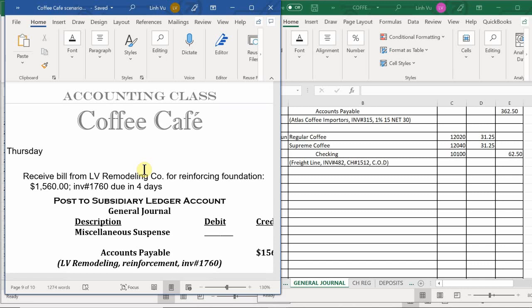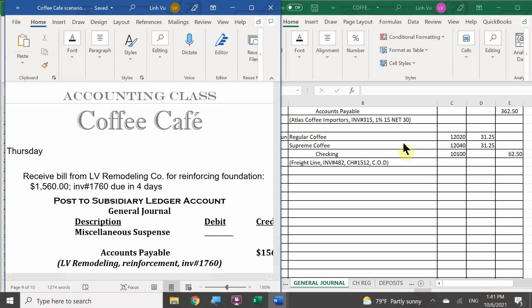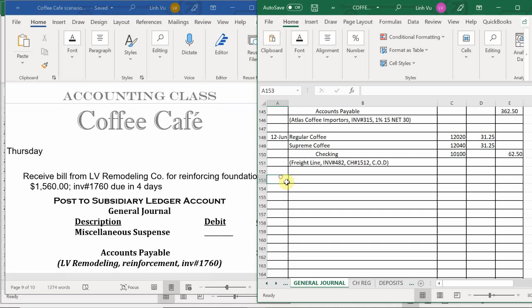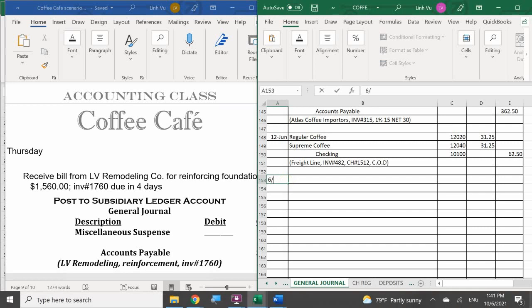So I want you to put it into miscellaneous expense. Am I going to make a payment for this? No, not yet. I'm going to wait 4 days. So accounts payable. That's clear.